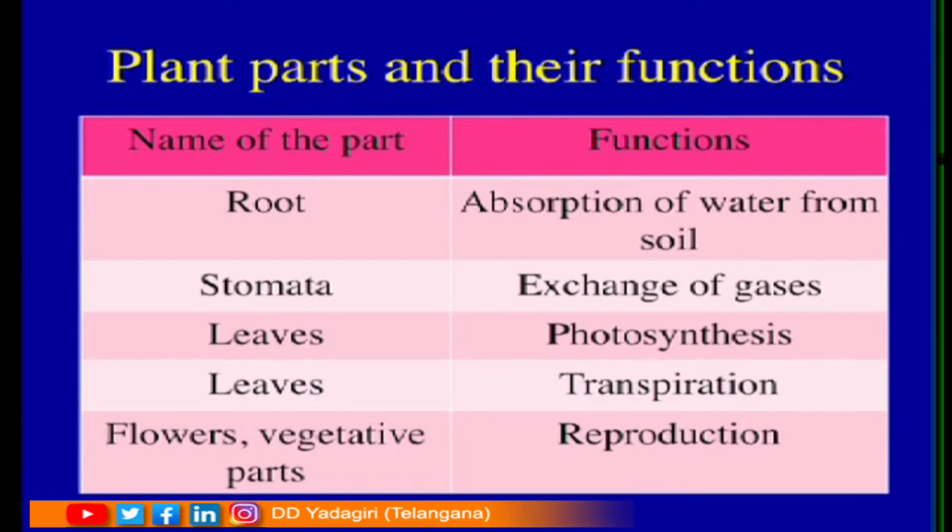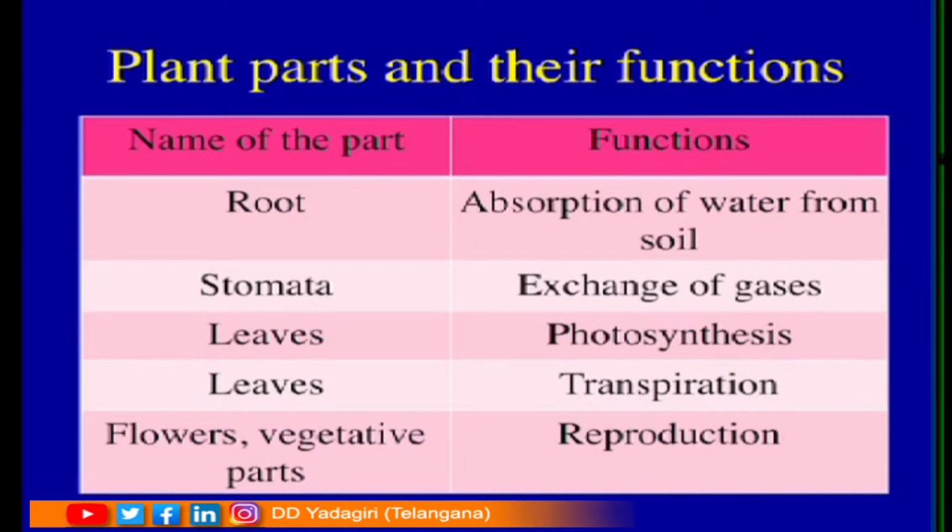Then what is the function of the stomata, children? Yes, stomata help in exchange of gases. Then where do you find these stomata, children? They are found in the leaves. Leaves also have an important function. Can you guess what is the function of the leaf, children?